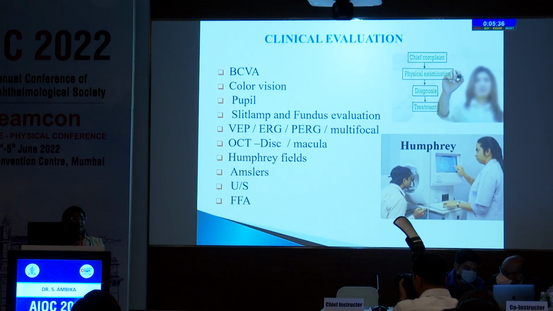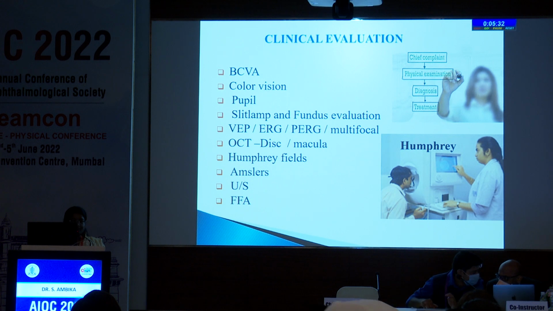But what if the fundus is normal? What if you're not having any positive clinical features? Do not forget to do the basic steps of optic nerve function assessment, starting from vision, color vision, and pupil, to a detailed anterior and posterior segment evaluation. And all these ancillary ophthalmic evaluations pitch in now and then to find the cause.